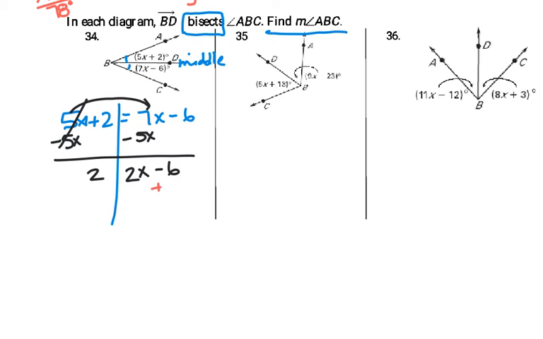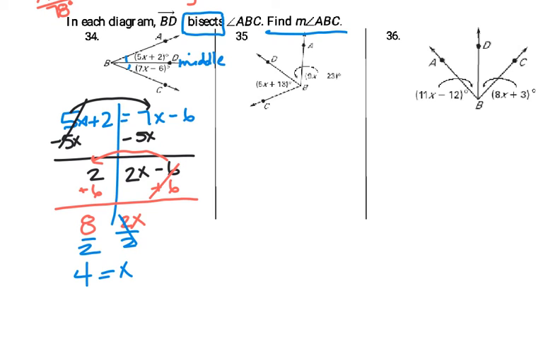I'm going to add 6 to both sides because I already moved the x's to the right. So now I'm going to move the number to the left. 8 equals 2x. And then the last thing that we're going to do is divide by 2. So x equals 4.